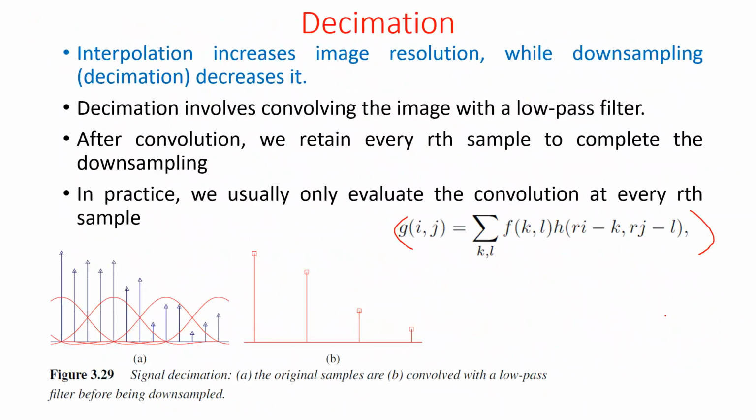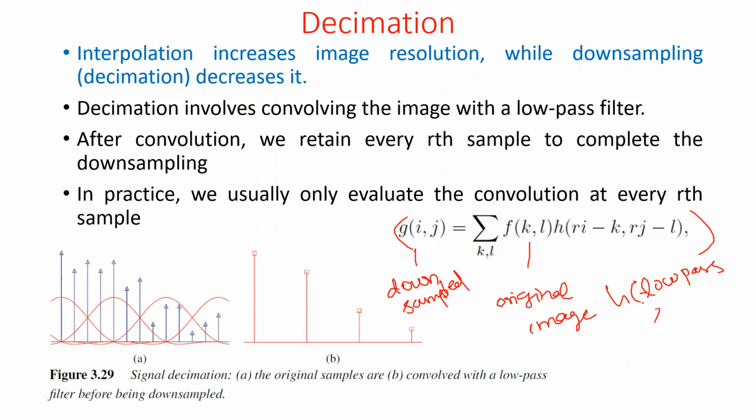The same, but with some variation we are going to see here. f of k,l again represents the original image. Here g of i,j represents the downsampled image, and h represents the decimation kernel, also known as the low pass filter kernel.